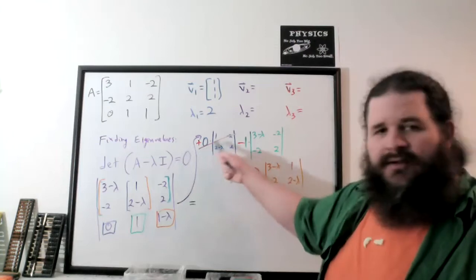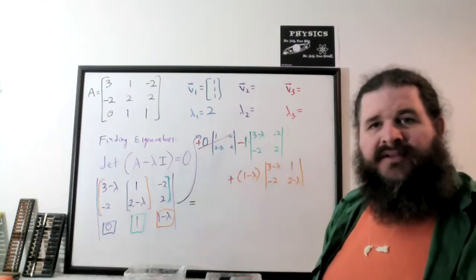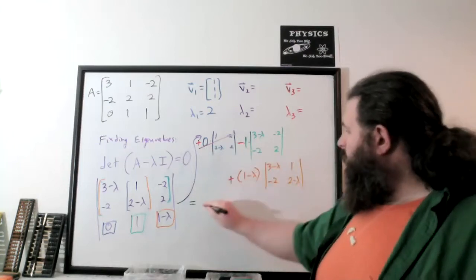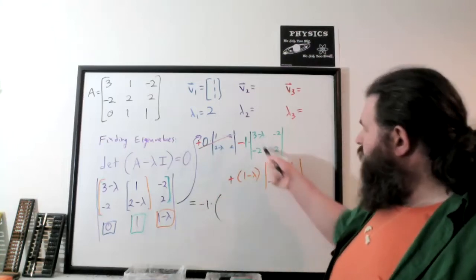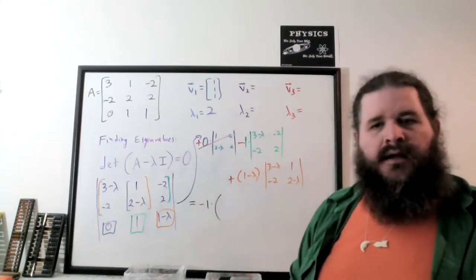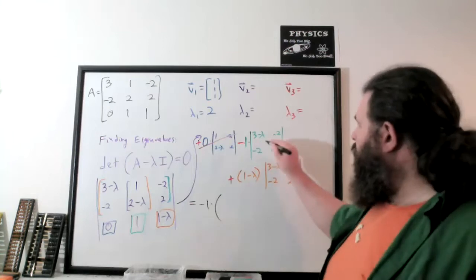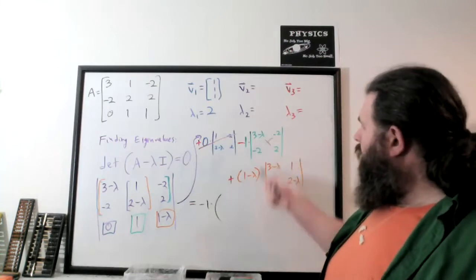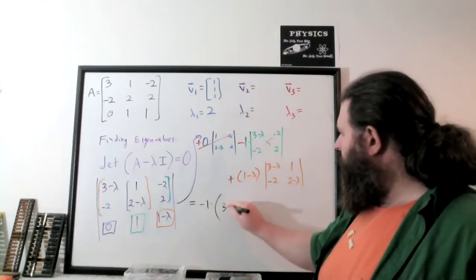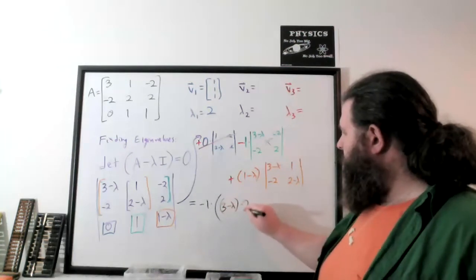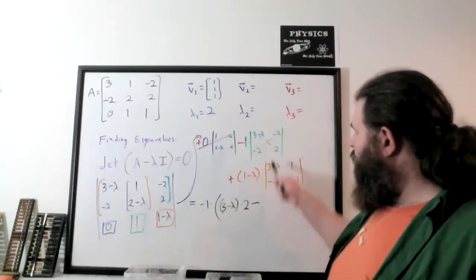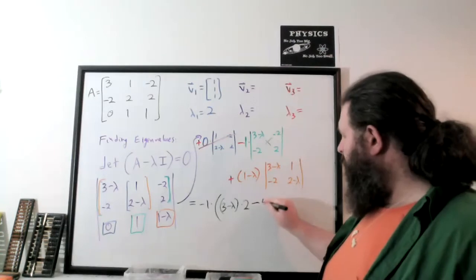The 0, again, we can ignore this entire term because it's just multiplied by 0. Minus 1 times, and then this is a 2 by 2 subdeterminant. With 2 by 2 determinants you can just multiply across the diagonals and subtract. So 3 minus lambda times 2 minus -2 times -2, which would be +4.